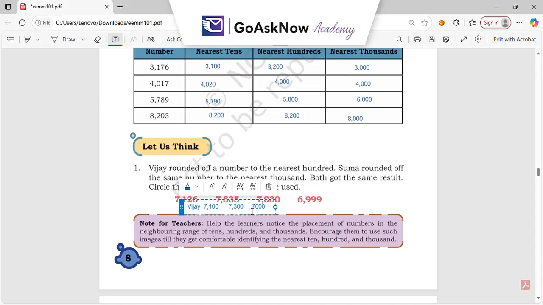Next one is 7000. Next, Suma is rounding according to thousands, which is 7000.